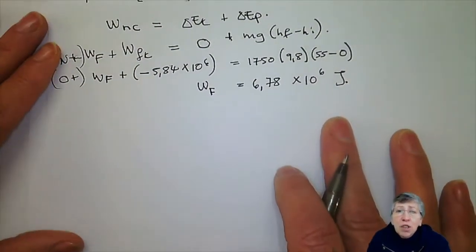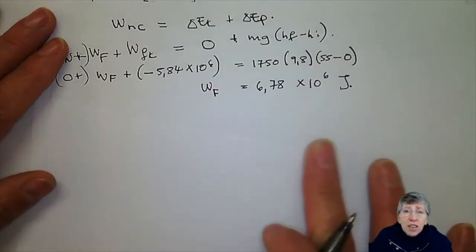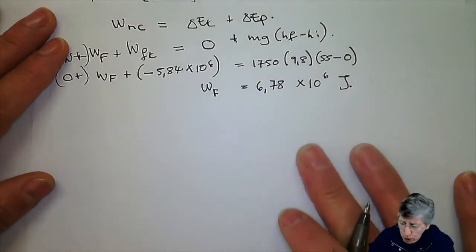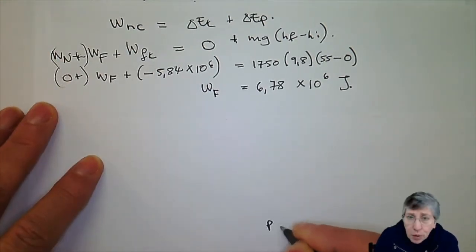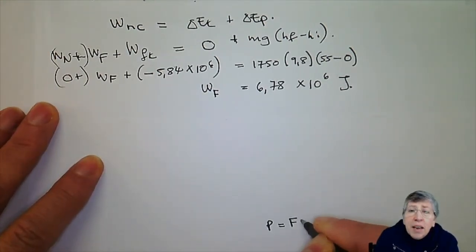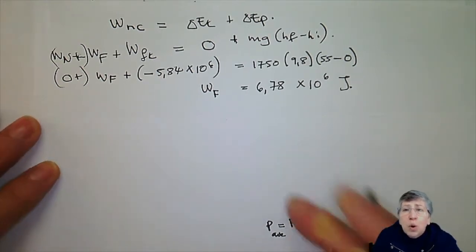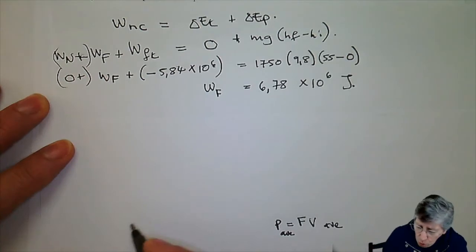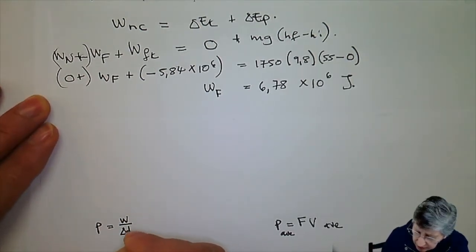Now I have two different equations that I'm working towards. The one I want to work towards is P equals F times v average. That is one that we can do. The other one is P equals W over delta t.